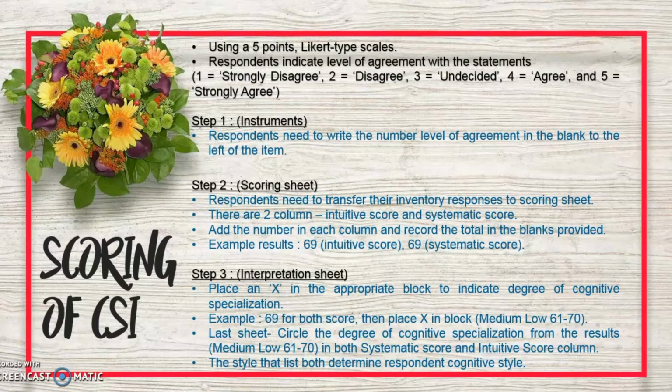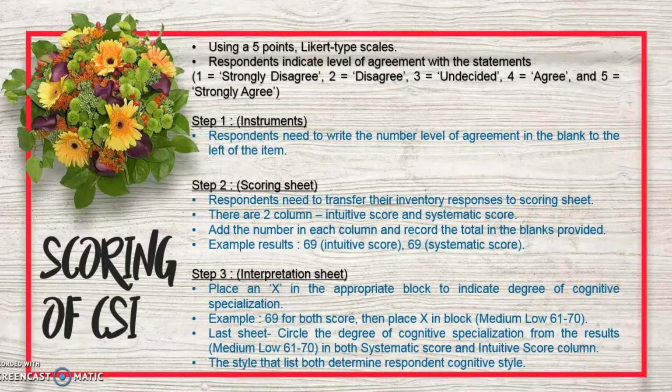Place an X in the appropriate block to indicate the degree of cognitive specialization. For example, our respondent gets 69 for both the intuitive score and the systematic score. Then she needs to place an X in the block medium low 61 to 70 because she gets 69.